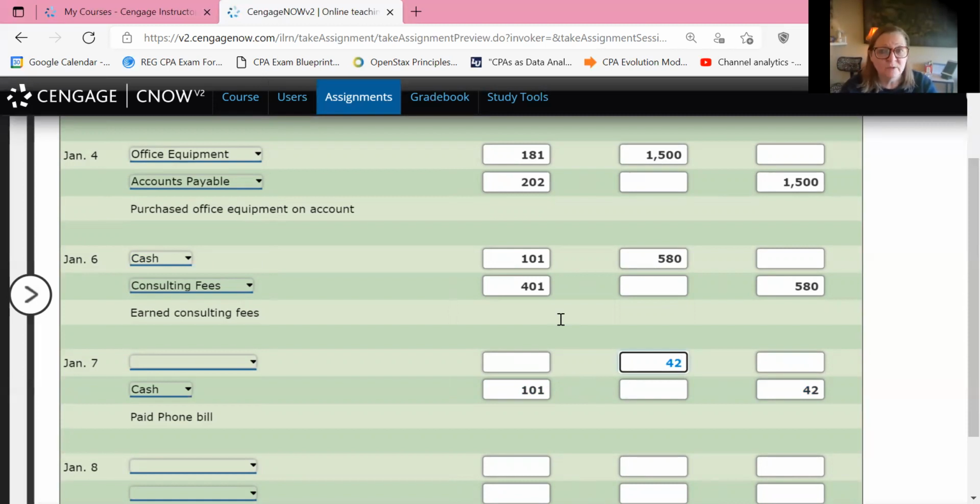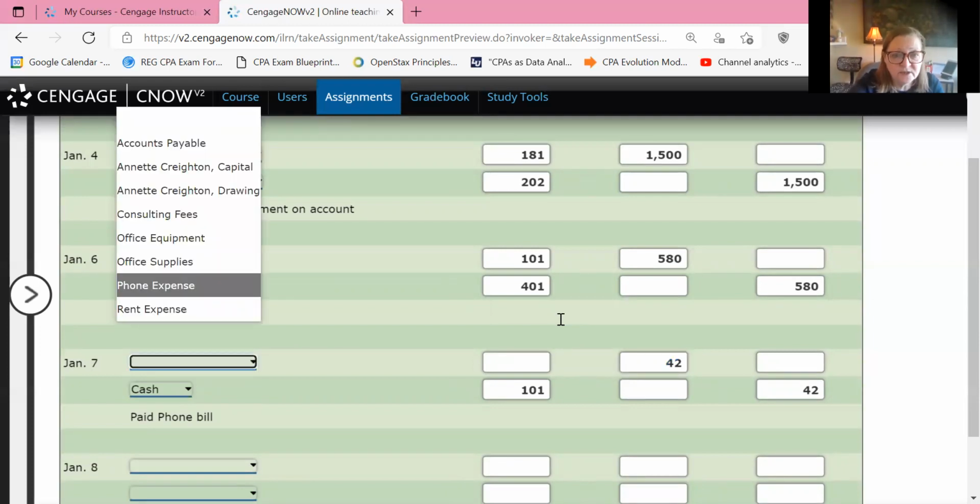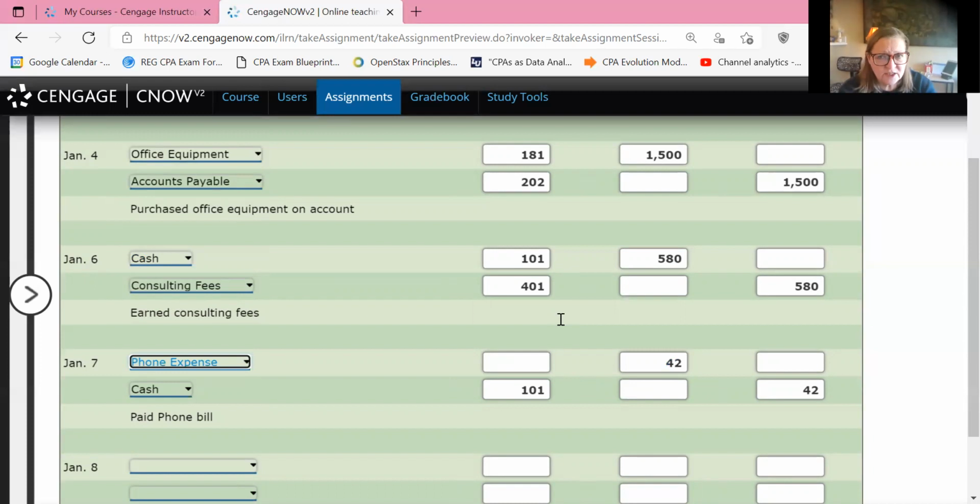Just look back over it afterwards and make sure every entry has an account name, an account amount, and an account number. Okay. So what is it again? It's a phone bill. It doesn't say it's for a future period or for a past period that we're paying late. It's just saying the phone bill. So that's the current month phone bill. So it could be called utility expense or phone expense or telephone expense.